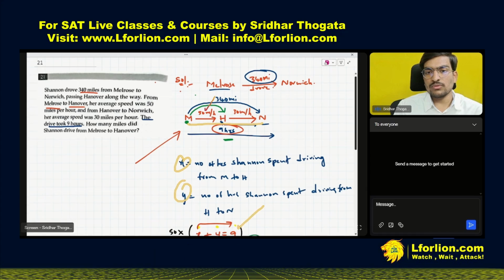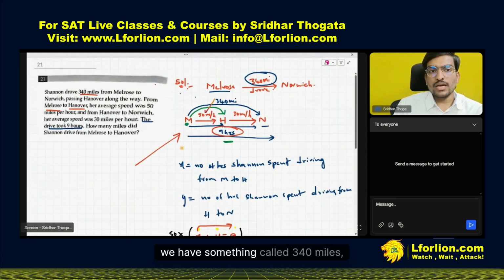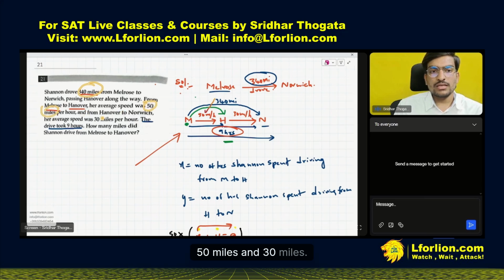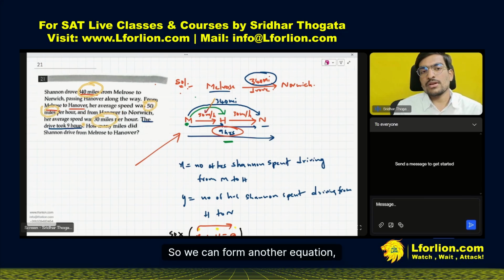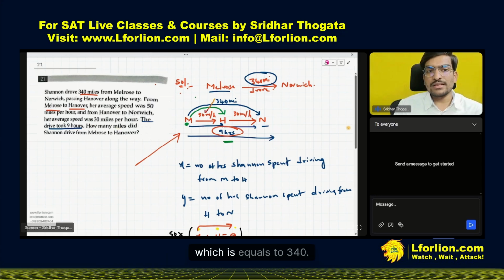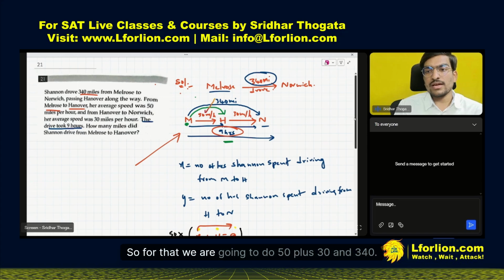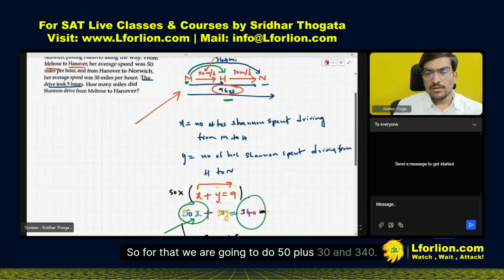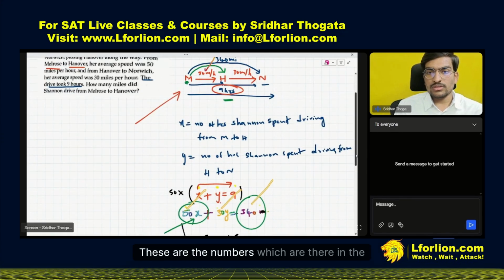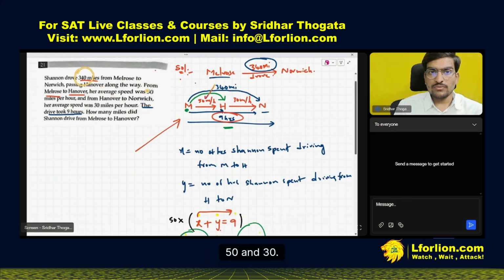We formed an equation now. Now we have 340 miles, 50 miles and 30 miles. We could form another equation like 50 plus 30 equals 340, but that equation is not going to balance. These are the numbers in the question: 340, 50 and 30, those are miles.